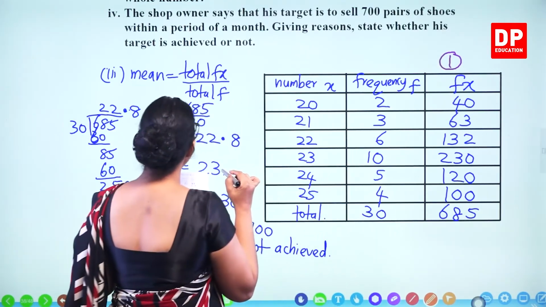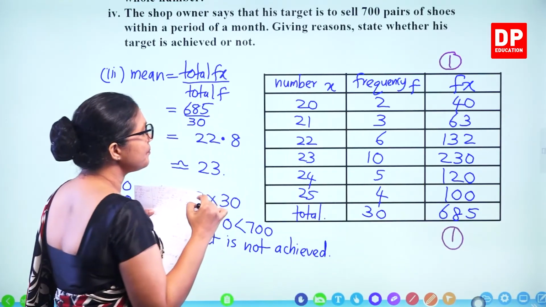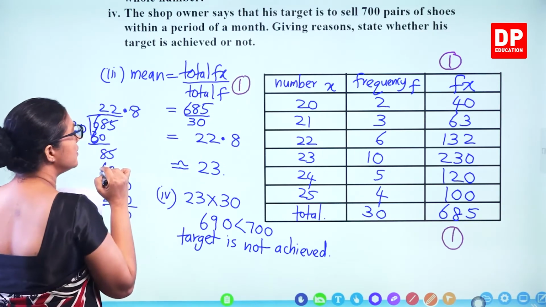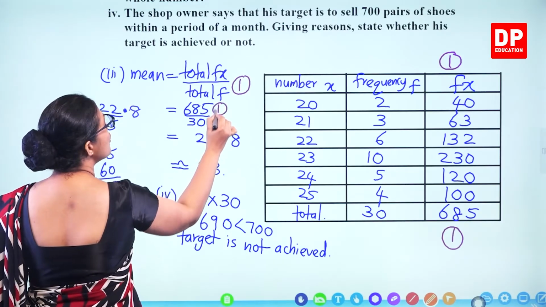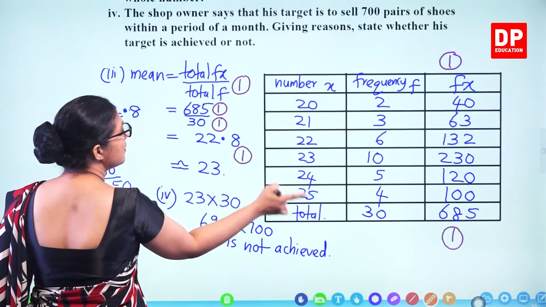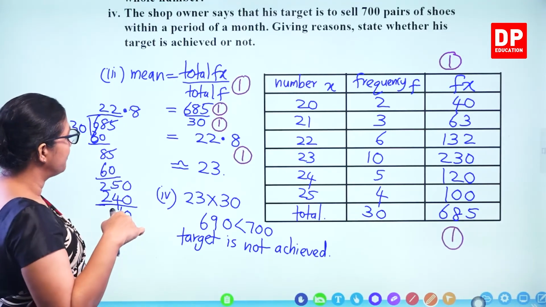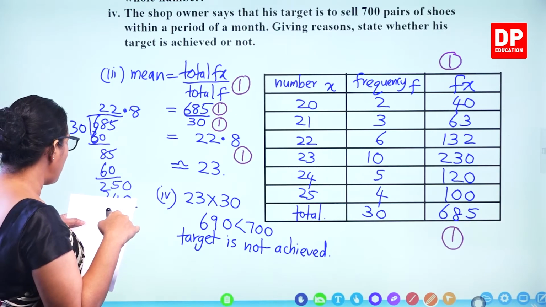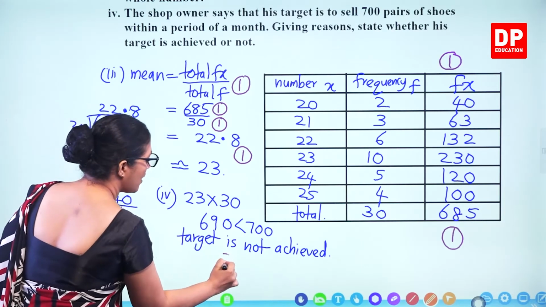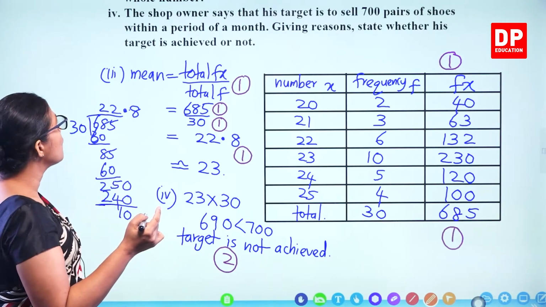Fx multiplication and the total of fx using the correct formula and then substituting the correct values and getting the answer with the rounded value. That's 6 marks here, and then 2 marks for this part. 6 plus 2, 8, and the earlier 2, 10 marks for the whole question.